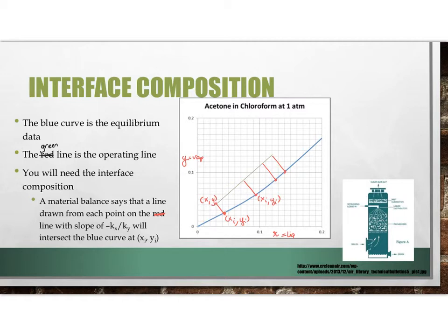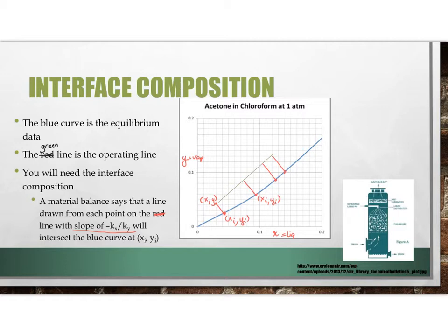So for a particular x and y, there's an xi, yi that's determined for it based on a line with slope negative kx over ky. Then we apply the formula for the integral, and we can apply the trapezoid rule or Simpson's rule and do a calculation to determine the size of a tower.